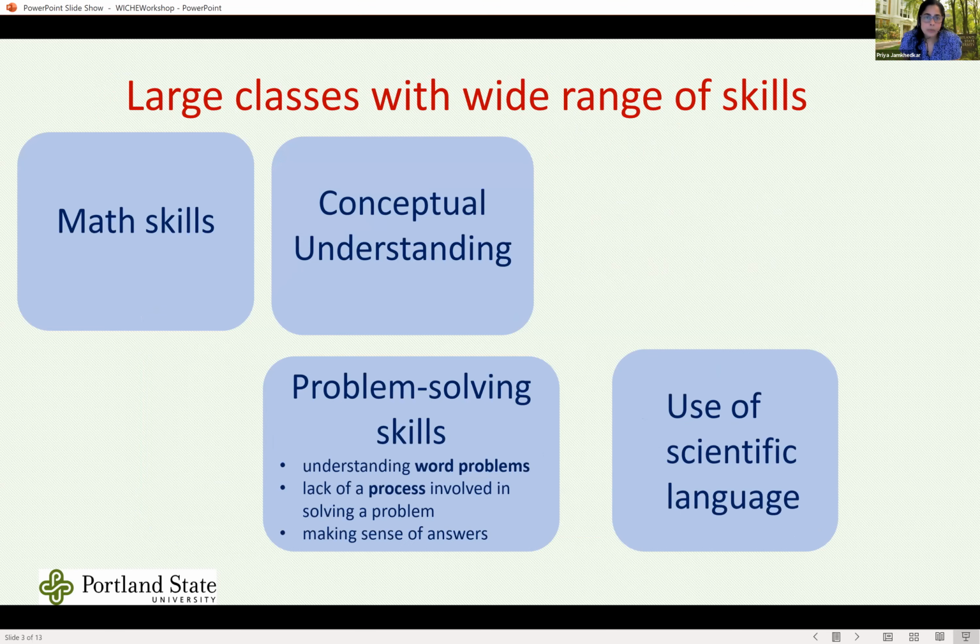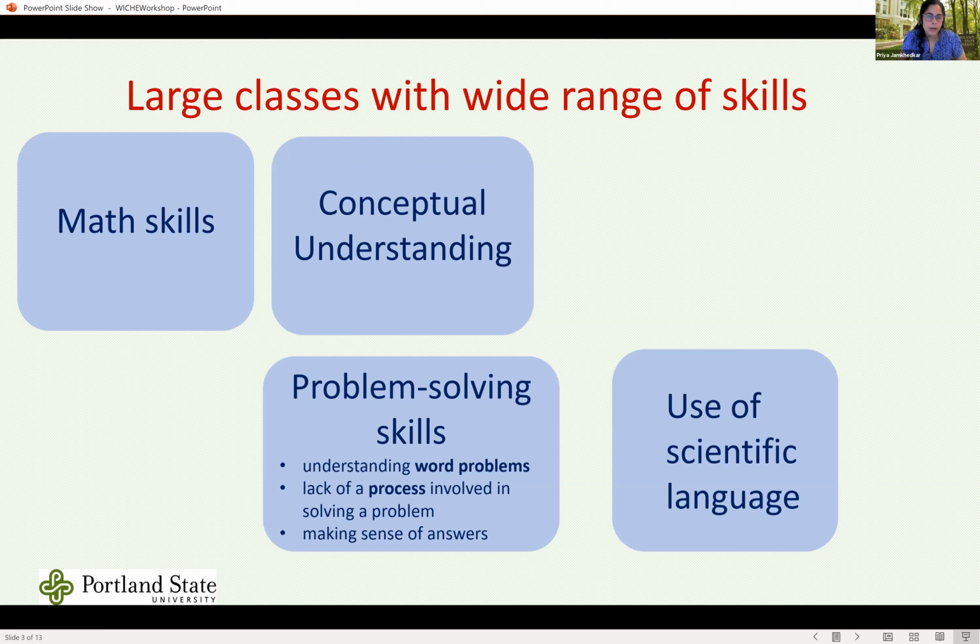The range of skills that our students were coming with is listed in this slide. Basically the skills that were important for a physics class were math skills. So we had students who would come in without the basic foundational skills, or they just got rusty.